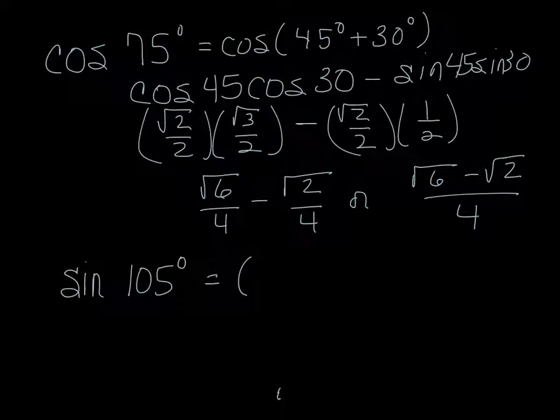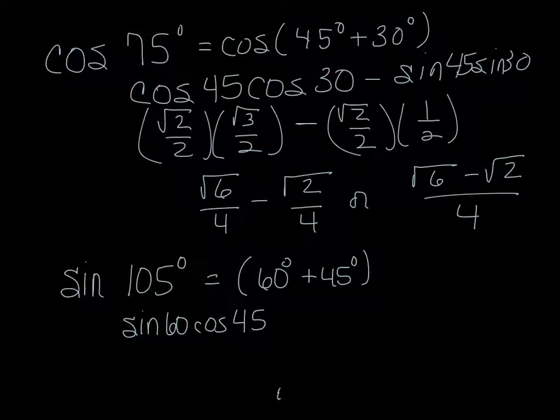You could use 135 minus 30, but let's try 60 degrees plus 45 degrees. That does give me 105 degrees. So we would have the sine of 60 cosine 45 plus the cosine of 60 sine of 45.